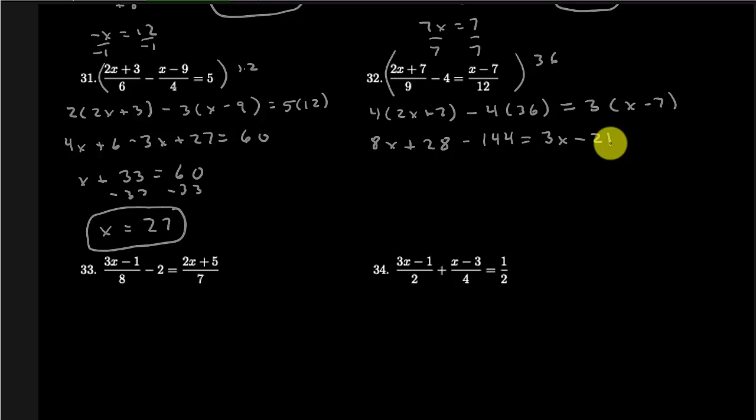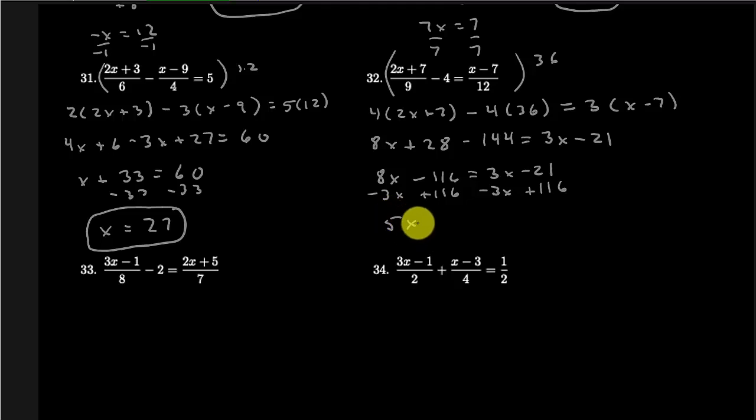All right, so combine like terms. So I get 8x, and then we got 28 minus 144. That's going to be minus 116 is equal to 3x minus 21. I'm going to subtract 3x from both sides. I'm going to add 116 to both sides.